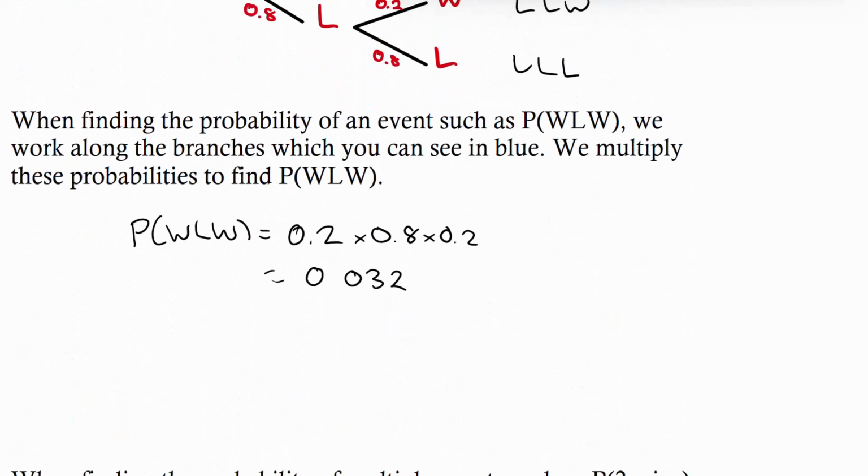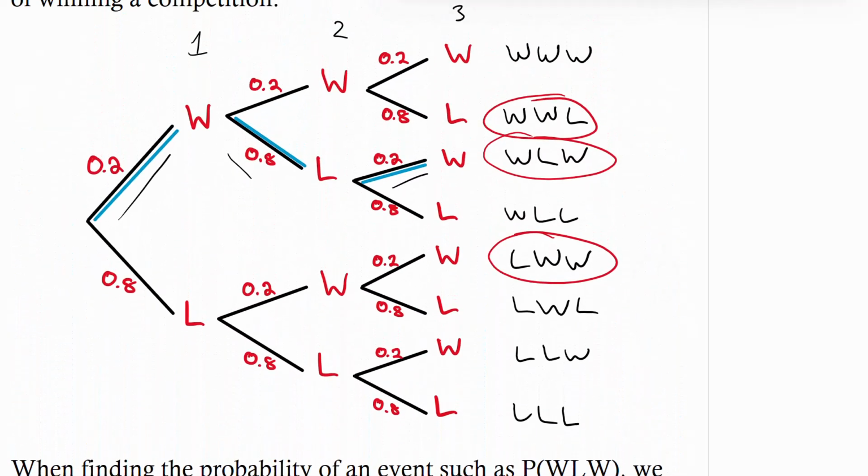If we're working across the tree, we're timesing. If we're working down the tree, we're adding. What I mean by down the tree is, we have 3 things over here, 1, 2, 3. We're working down the tree. So when we're going down, we're adding. When we're going across, we're timesing. So I need to add the probabilities of win, win, loss, win, loss, win, and loss, win, win.